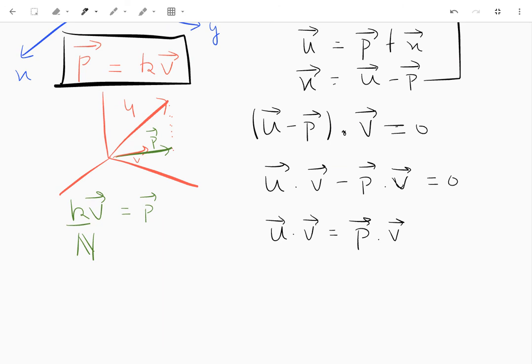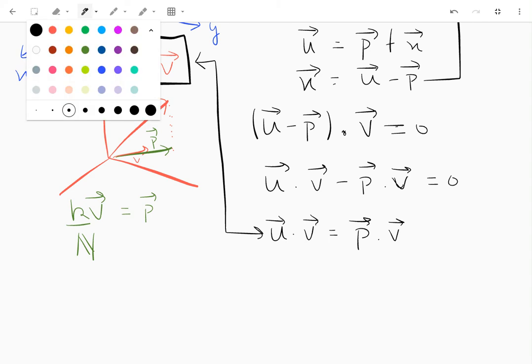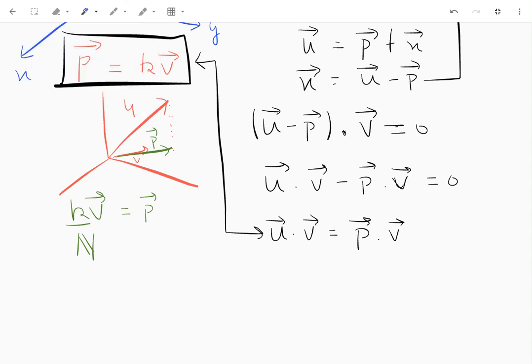Also, sorry for this pause. Look at this. From here, I can say that u dot v is equal to k times v dot v, right?